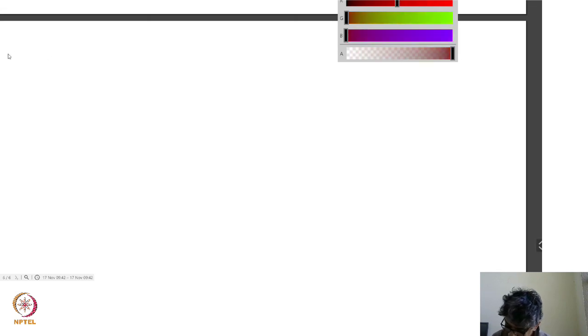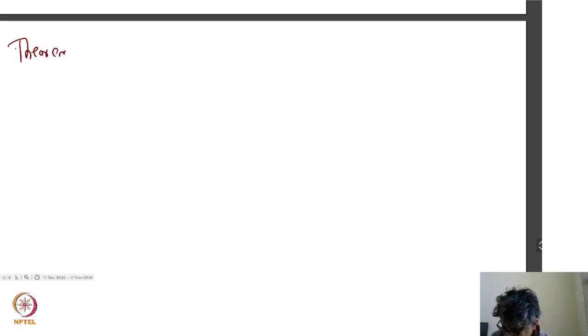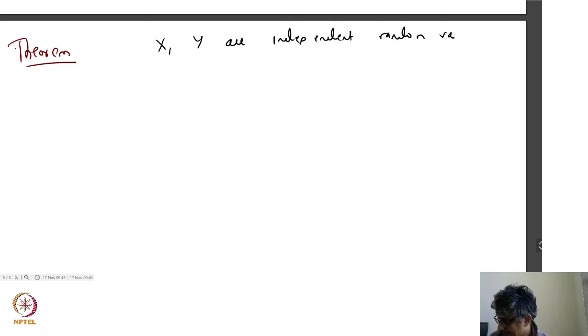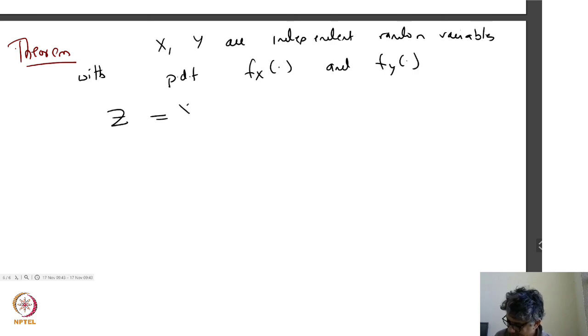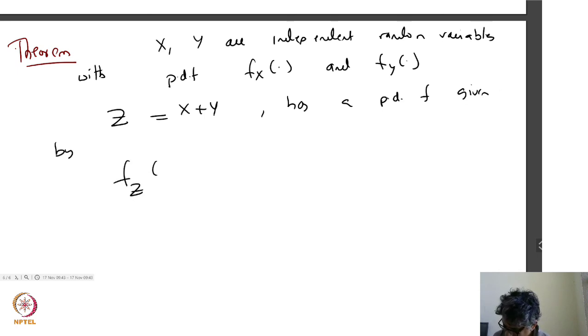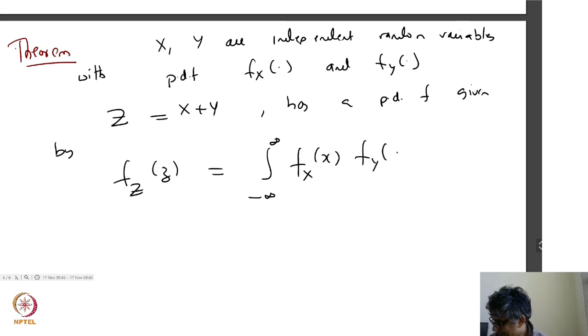The theorem is that if X and Y are independent variables with PDFs f sub X and f sub Y, and you let Z equal X plus Y, then Z has a PDF given by f sub Z at the point z is the integral from minus infinity to infinity of f sub X at the point x, f sub Y at the point z minus x, dx. That's an interesting fact we have shown.